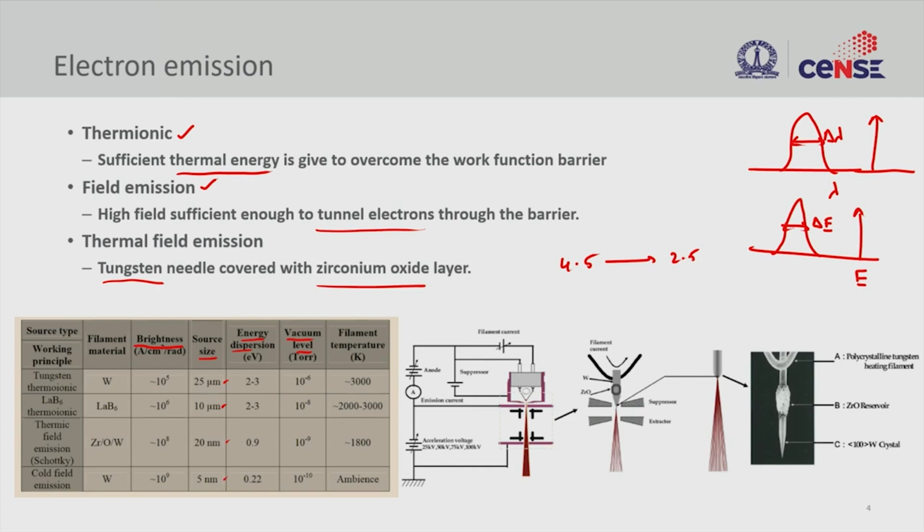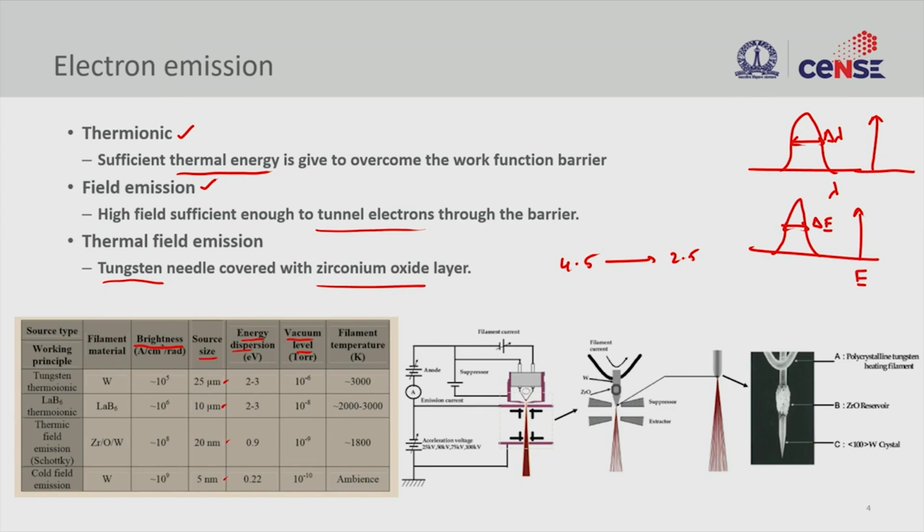If you look at other sources, for example lanthanum hexaboride, you have 10 micron as your source size, which is pretty good. You have a very sharp focus, but then the vacuum level needed here is very aggressive, so you need to spend a lot of energy in getting the vacuum.